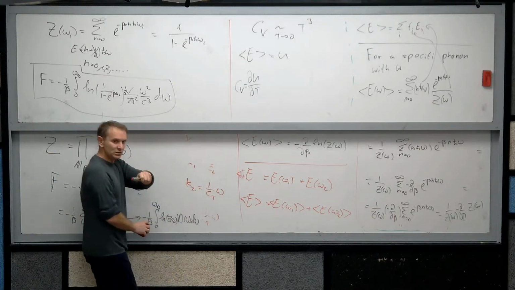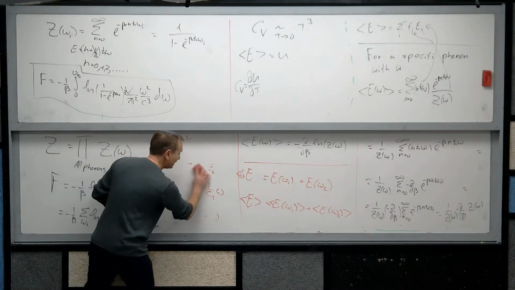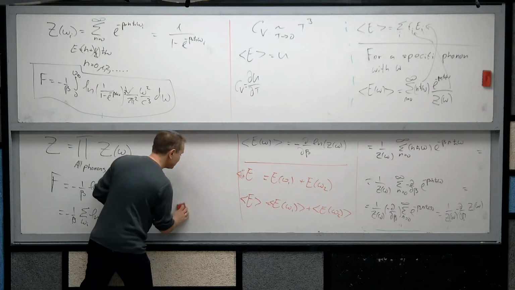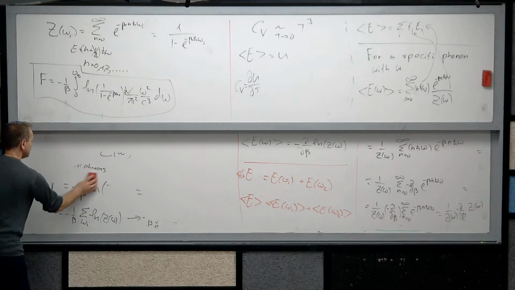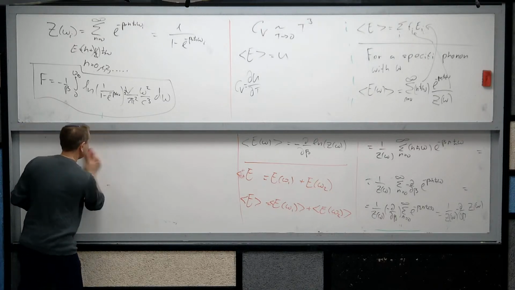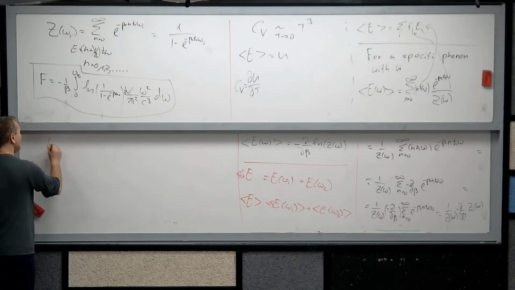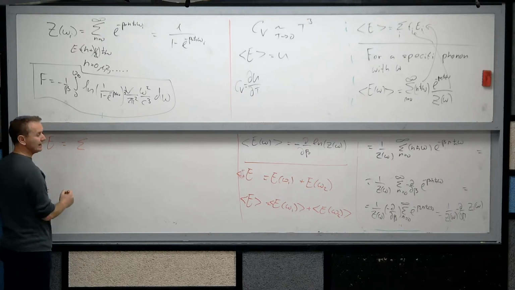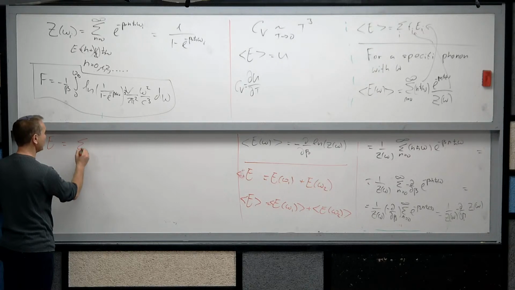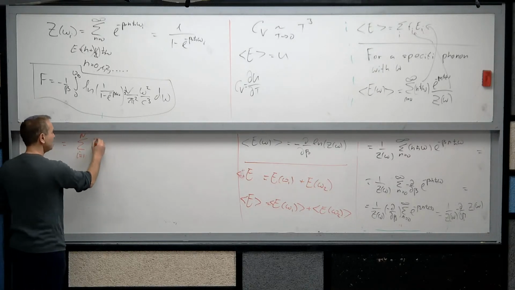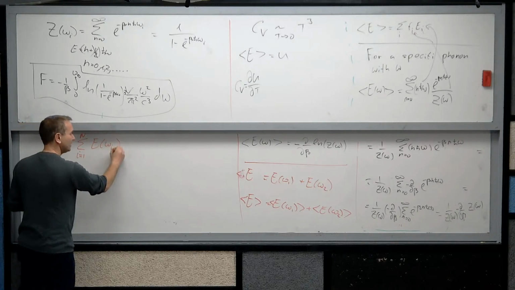Let's assume, and I will continue with your question, that I had many omegas, but they are still discrete. So if I have, let's say, n omegas, i goes from 1 up to n, E of omega_i.